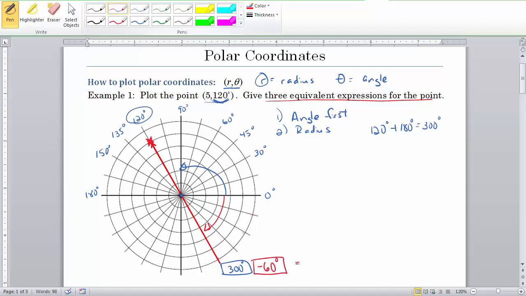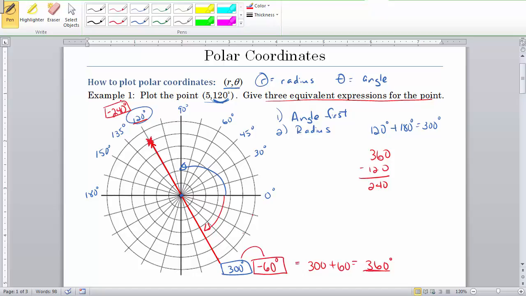Another way you know if you're doing it correctly is that the absolute value of those two numbers, meaning make them both positive and add them together, should always add up to 360 degrees because that makes a whole circle. So my next question is what is the negative value for 120? Well, you could use the 360 and subtract 120 and say that's 240, and it needs to be negative.